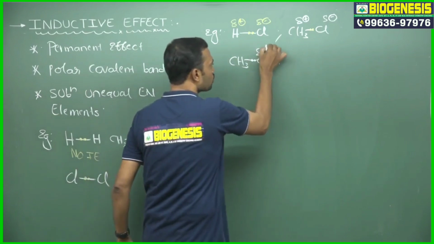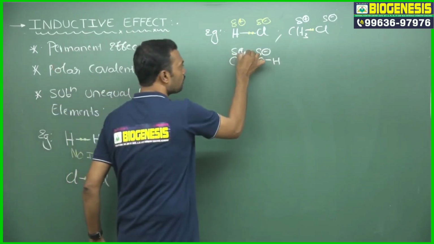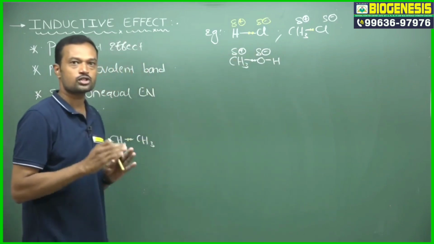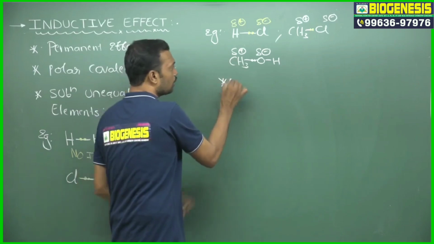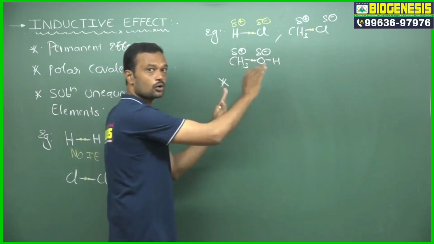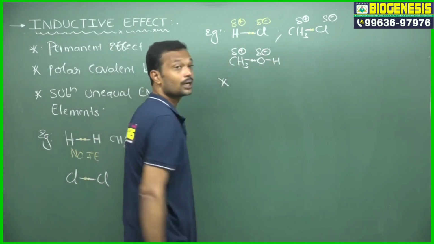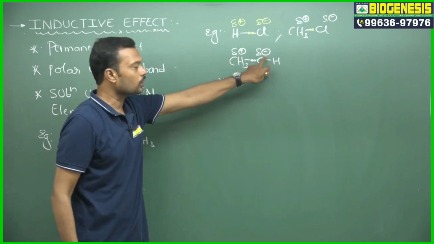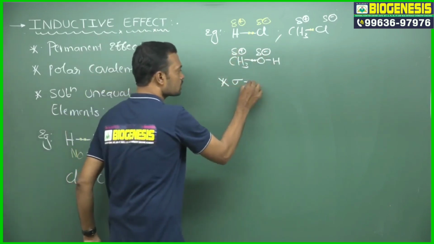If it goes very close to oxygen, oxygen carries partial negative and carbon carries partial positive like this. This is a kind of shift of the bond pair of electrons through a sigma bond. Here the shared pair of electrons is moving very close to oxygen. That shift of the shared pair of electrons towards the more electronegative element is called a dipole. Okay, this dipole is negative, this dipole is positive. So this is possible only with a sigma bond.